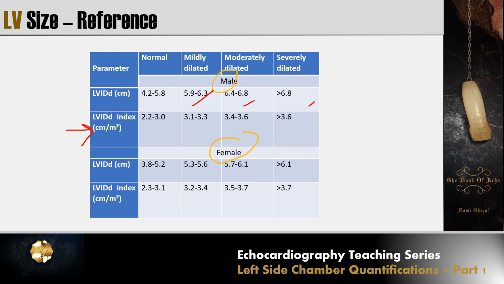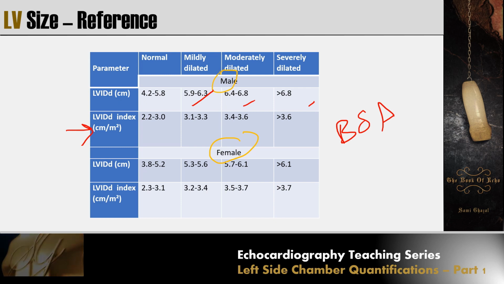So any number we like to index to body surface area, we first have to get the body surface area by calculating it from height and weight. And then we divide anything over the body surface area. So let's say the LVIDD is 4, and the body surface area is 2.